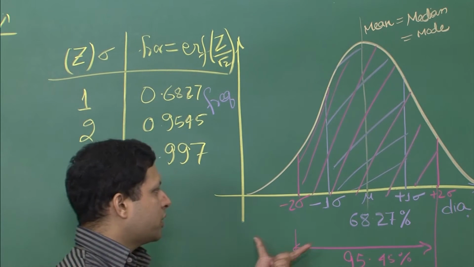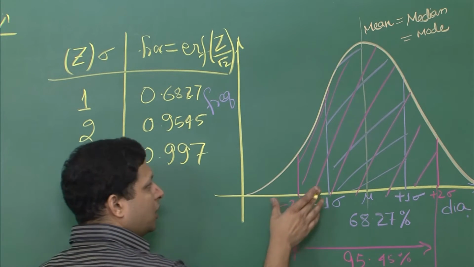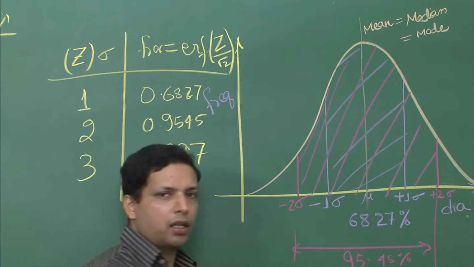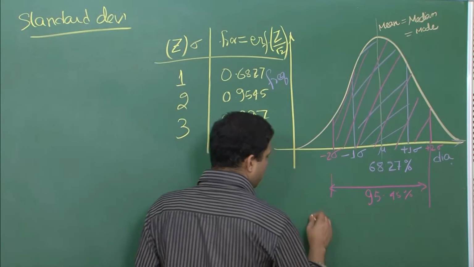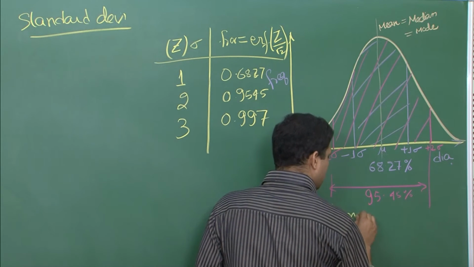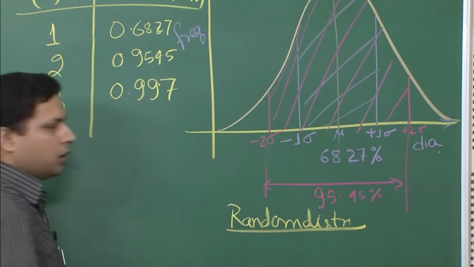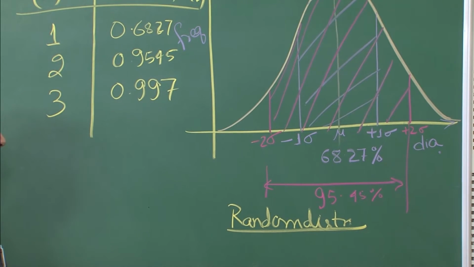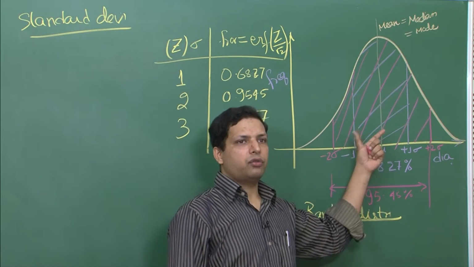And since we are talking about standard deviation, let me also quickly say that it is not necessary that you will always get a bell curve or a normal distribution. You may get some random distribution. So, what will happen in those cases? This particular equation is valid only and only for this kind of distribution.